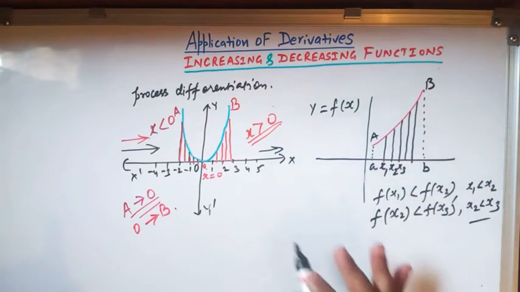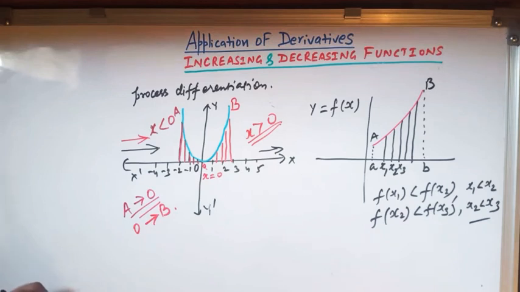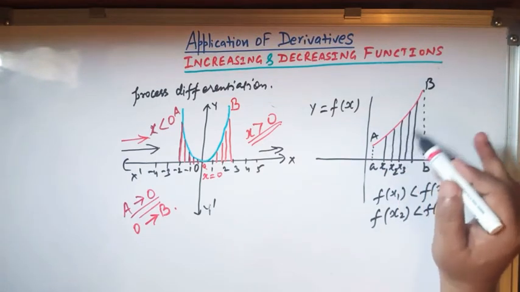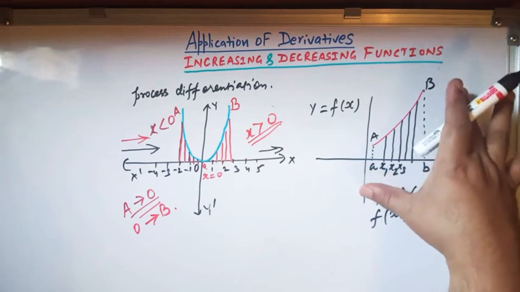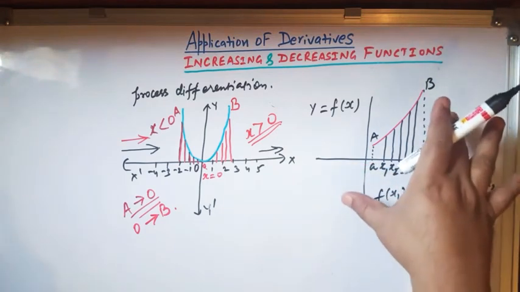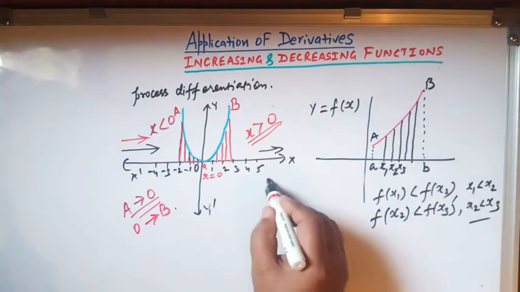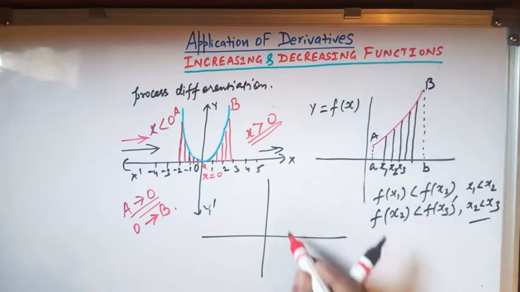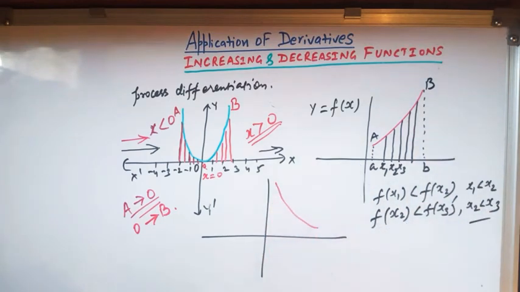So this is how we derive the meaning of increasing and decreasing functions. The height of the graph increases continuously, so this is an increasing function.